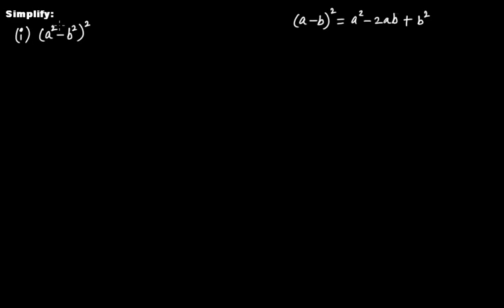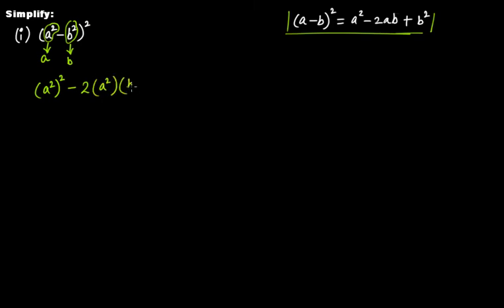Here a squared will act like a, and b squared will act like b. So if you apply this identity, this becomes (a squared) whole squared minus 2 times a squared multiplied by b squared, plus (b squared) whole squared.